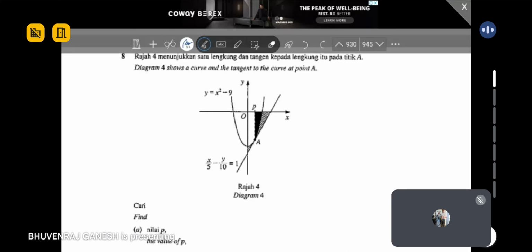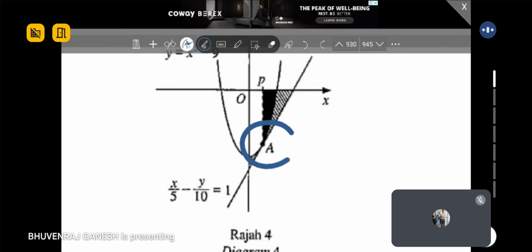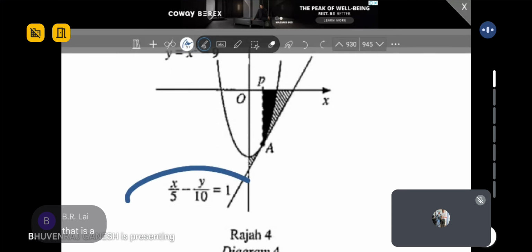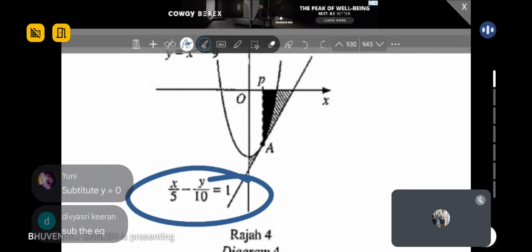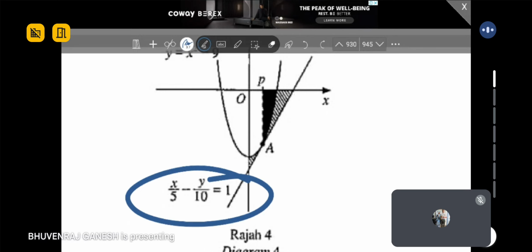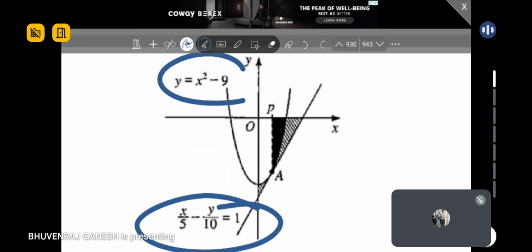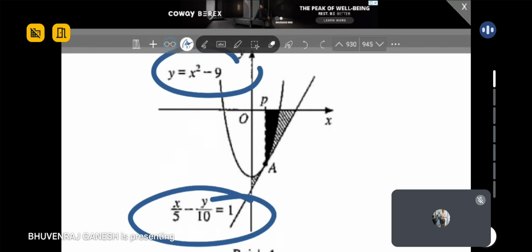You must notice your P value is the intersection point of the curve and the straight line. Titik persilangan lengkung dan garis lurus. So you just need to use the equation. You have 2 equations over here, guys. So you can solve them simultaneously.